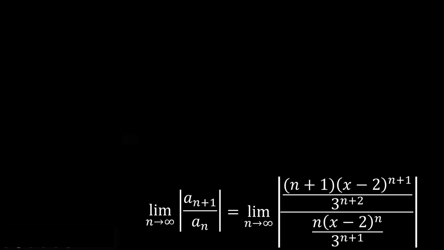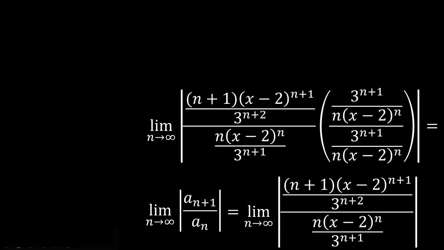So first thing we're going to do is take this limit here, and multiply the top and bottom by the reciprocal of our denominator here. So we take the same thing, this whole thing just goes up here, and we're multiplying it by the reciprocal of our denominator on the top and multiplying it by the reciprocal of our denominator on the bottom.